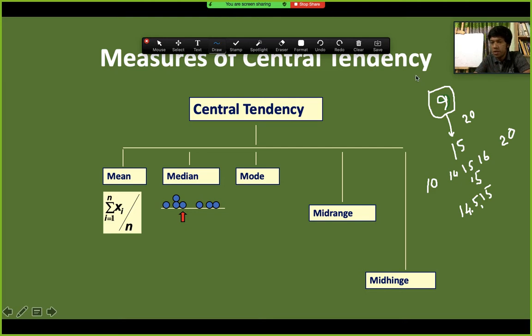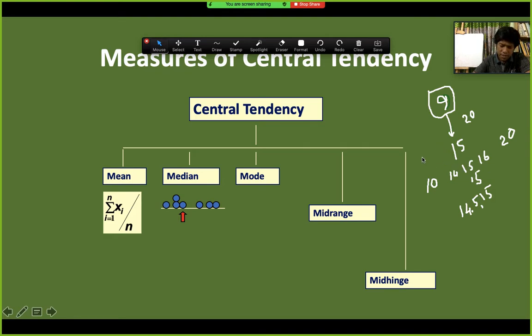But if you go to some luxury residential area, the average income of the people living there will be higher, and all of them will be higher. So the values want to stay clustered around some central value. This is called the central tendency. In this example, all the values try to stay as close as possible to the value 15. That is the tendency of the data here, which is called central tendency.